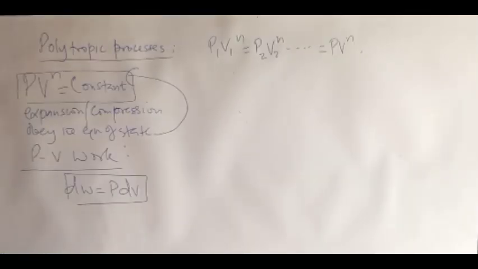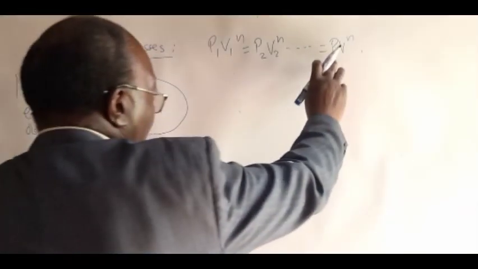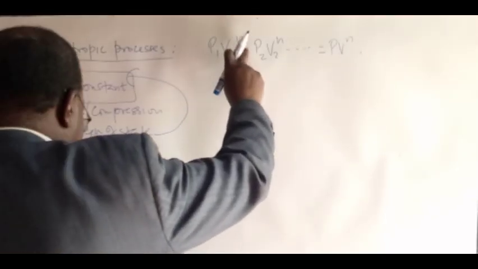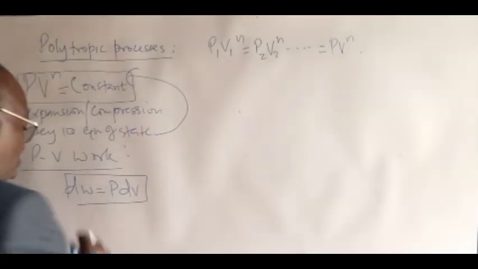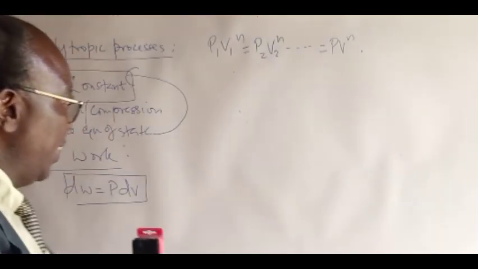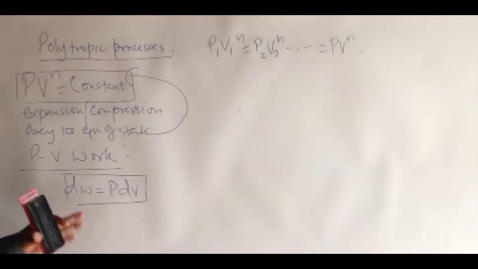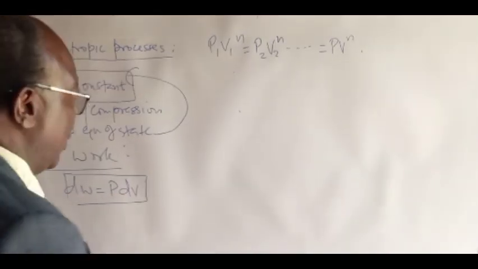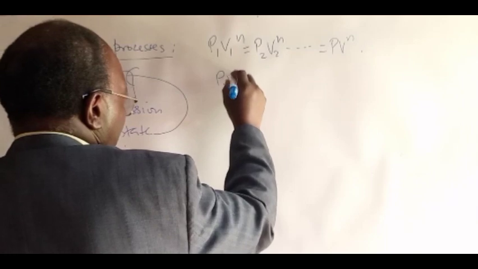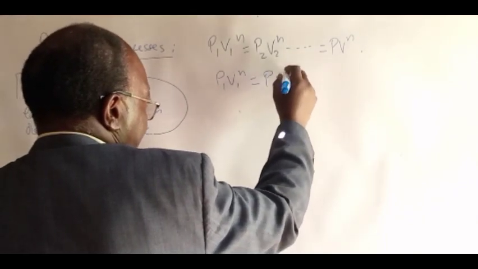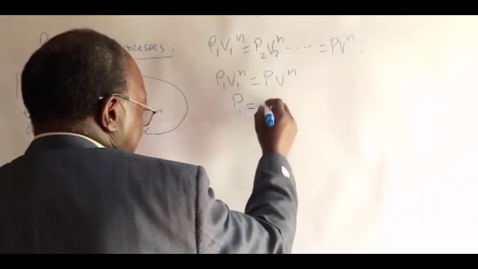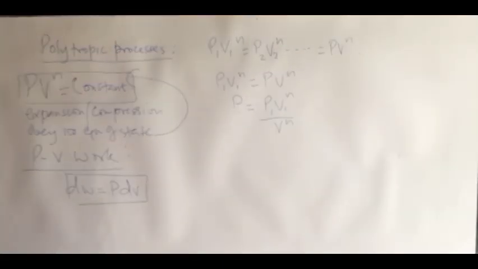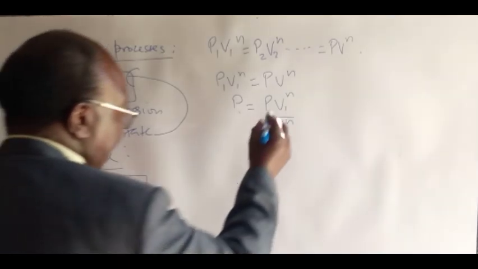So we want to develop the work expression using the PV expression for work. If we have P1 V1^n equal to PV^n, then we see that P will be P1 V1^n over V raised to power n.